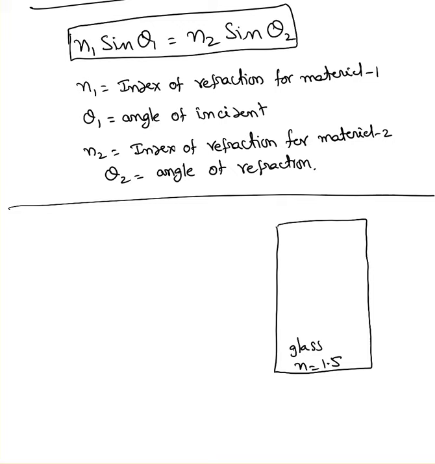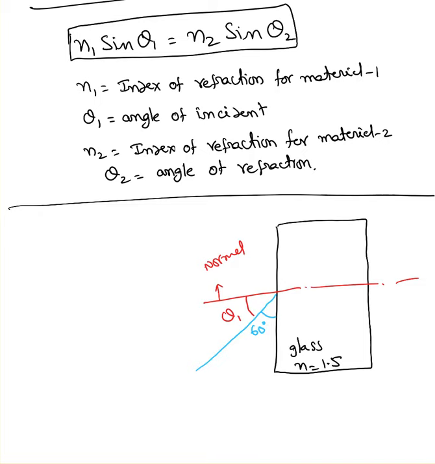Now a light ray is falling onto this glass material with an angle, and it's not the angle of incidence. He gave us the angle 60 degrees, because the angle of incidence is the angle between the normal to the glass and the light ray. So theta 1 is right here.